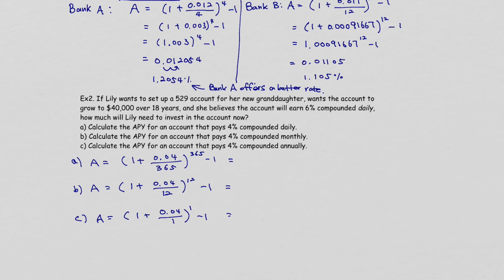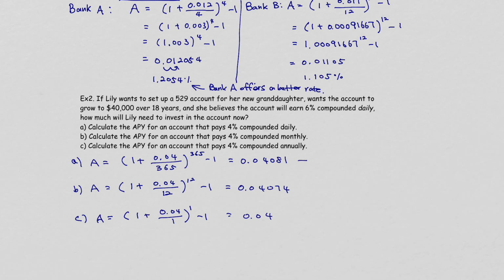So once you know where to put the numbers and what numbers to put in, plug those numbers into the calculator, and you will get 0.04081 for the first one, and for the second one 0.04074. The third one will be 0.04.